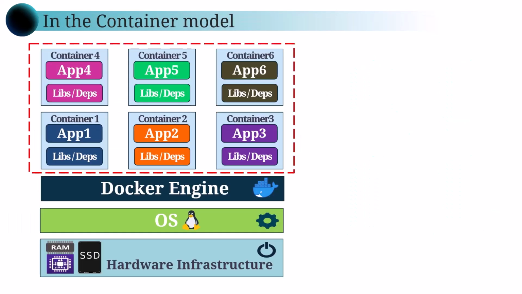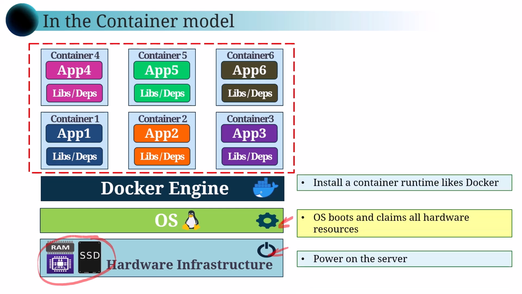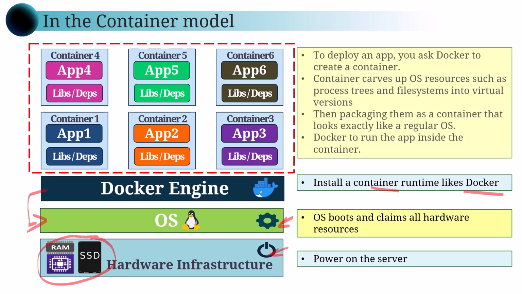Let's deep dive into what the container model is all about. As you can see, you power on the hardware, and you have an operating system running on it. The operating system boots up and claims all the hardware resources like CPU, RAM, and the hard disk. Then you install a container runtime like Docker or Podman. To deploy an app, you ask Docker to create a container.